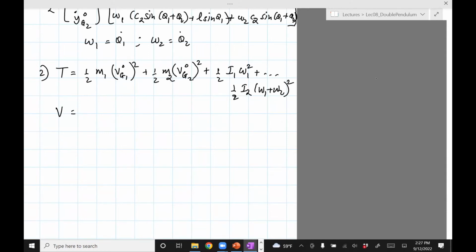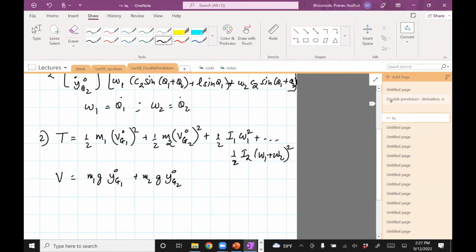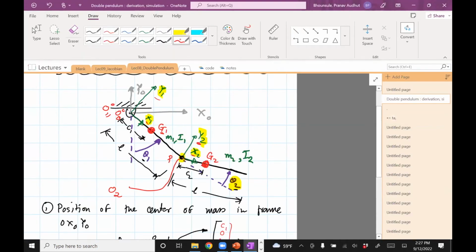Potential energy is going to be m1 g yg1 with respect to frame 0 plus m2 g yg2 with respect to frame 0. I forgot to put the gravity in my figure. Gravity points in the y direction, so the contribution will only be to the y location of g1 and g2 along the y0 axis.